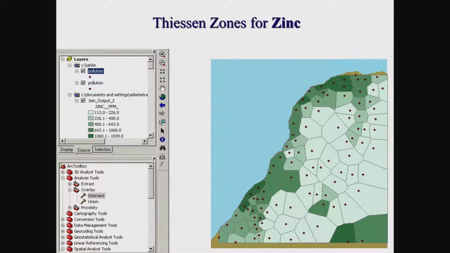Here's all those points. Here are the Thiessen zones for this. There's a bunch of samples of different dissolved materials is what this is.